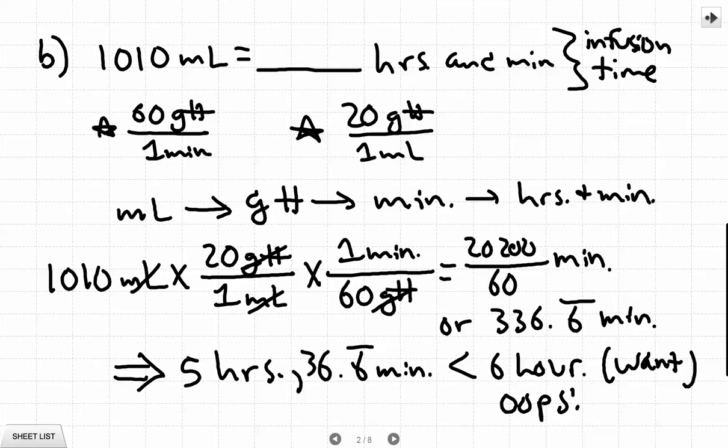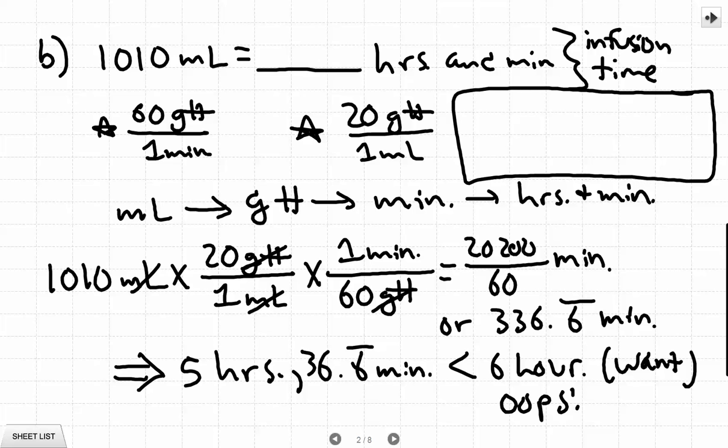So based on this calculation, let me just put a little box up here. The actual stop time is going to be short of the 6 hours. So what we're actually going to get is a stop time of about 2:36 in the afternoon.